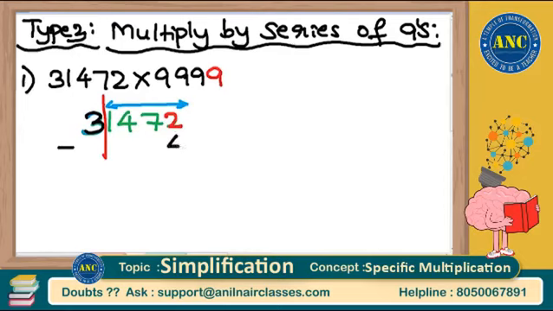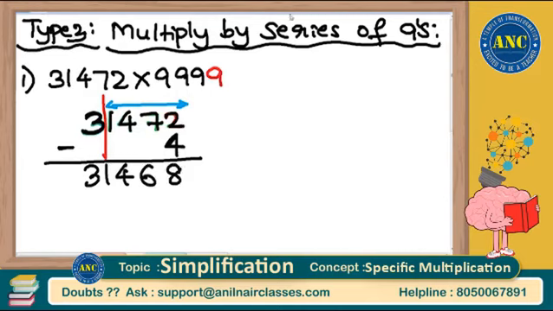Subtract that 4 from the entire number. 31472 minus 4 is 31468. Now left hand side of the slash we took care of.